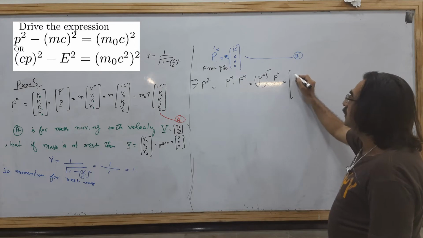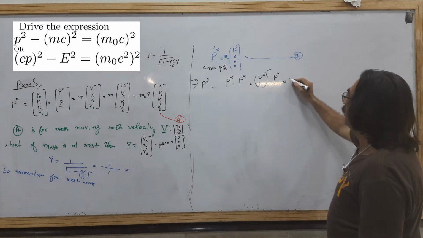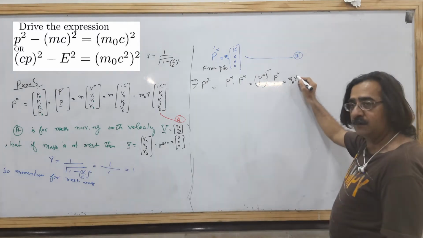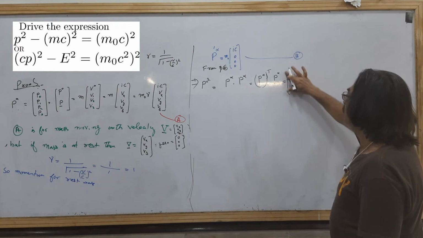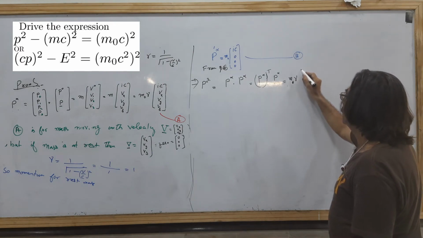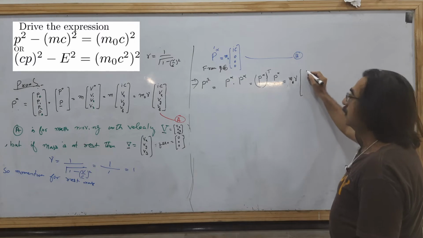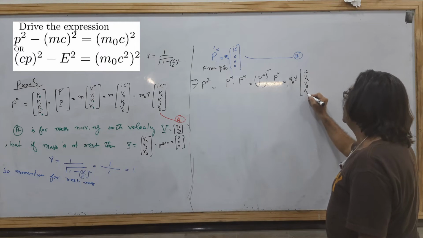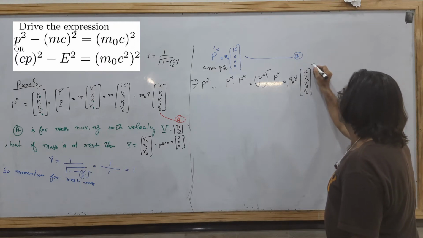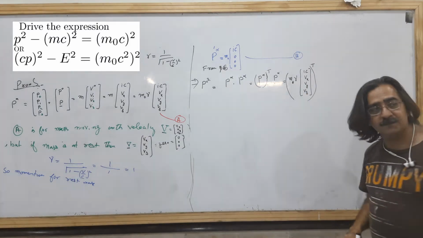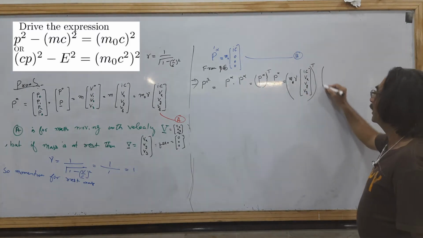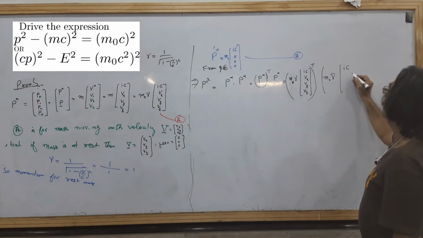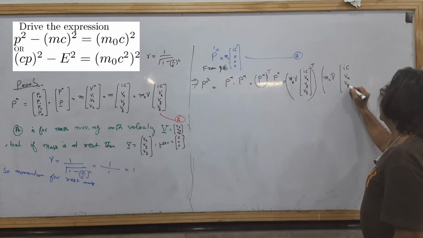So what will be the result of m naught gamma, i c, Vx, Vy, Vz, transpose, multiplied by m naught gamma, i c, Vx, Vy, Vz?